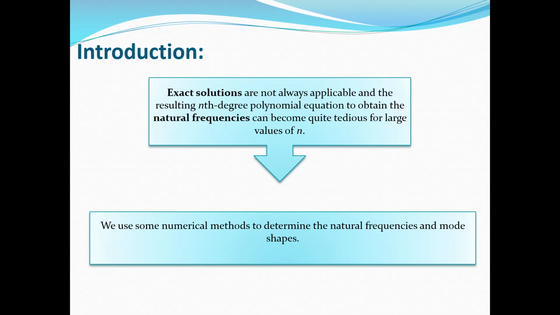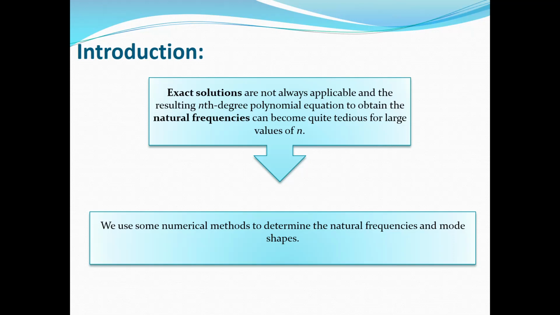So similar to the SDOF systems, we can use numerical methods or experimental methods to obtain the natural frequency in our system. Here in this topic, we will discuss Rayleigh's method, which is one of the most popular numerical methods, and we use it to obtain the fundamental natural frequency.